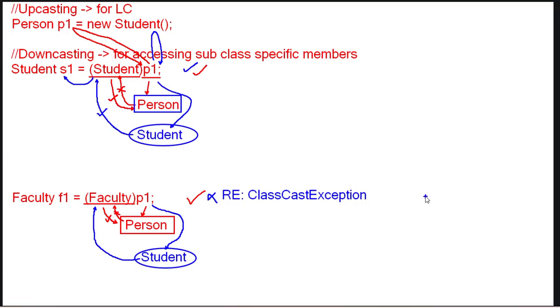If the relation exists, casting is completed. If not, the JVM throws an exception, ClassCastException.